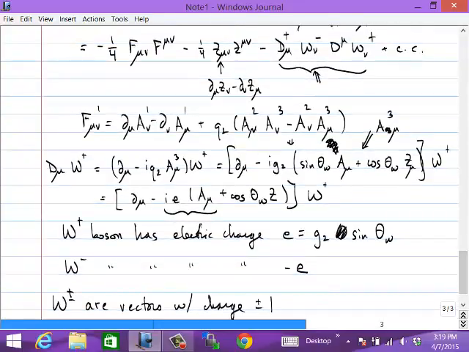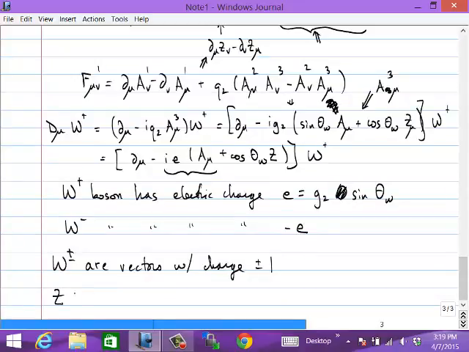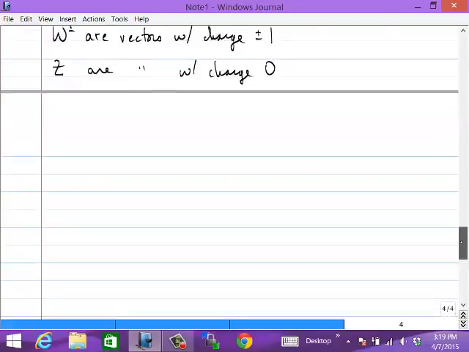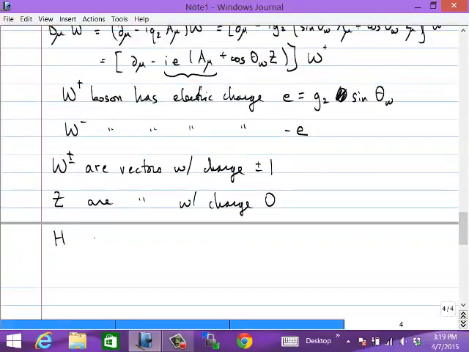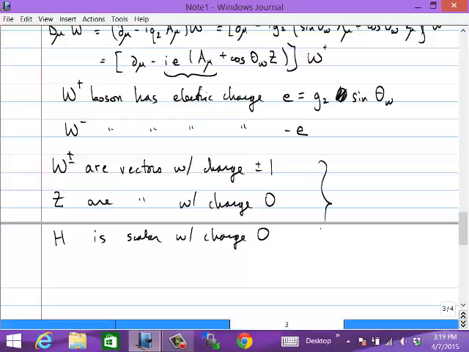In our interaction term here, this was just a standard derivative, not a covariant derivative. And so the Z bosons are vectors with charge 0. Here, of course, I mean standard electromagnetic charge. And the Higgs boson is a scalar with charge 0, because it was a real scalar field, not a complex scalar field. And here, of course, I mean electromagnetic charge.